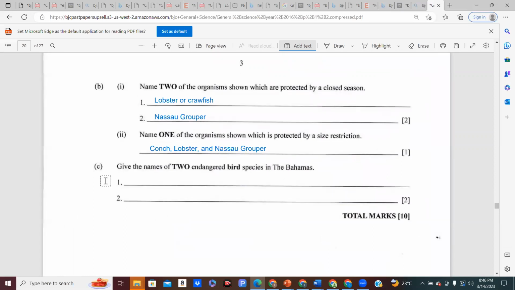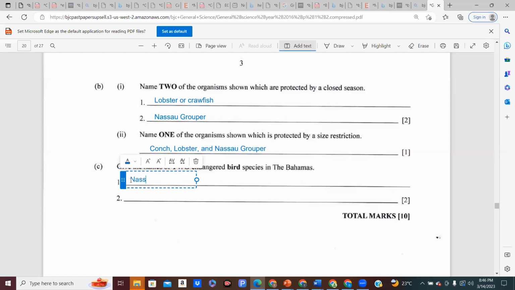Rochelle, can you read C, please? C. Give the names of two endangered bird species in the Bahamas. Okay, very good. Anyone want to try? The flamingo. I'm not sure about the flamingo.